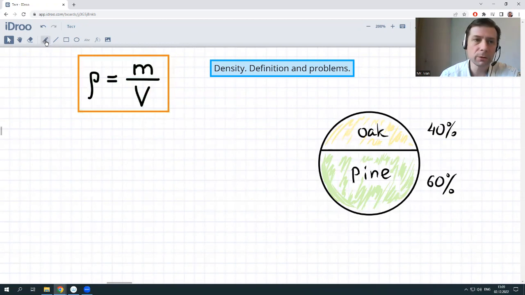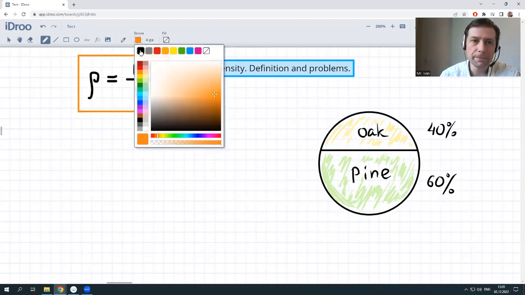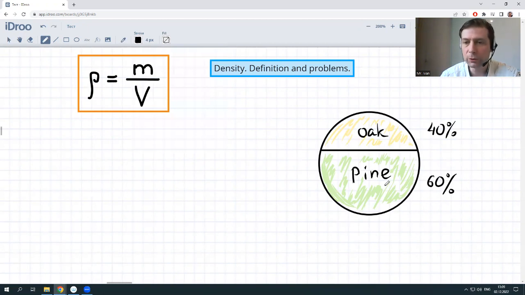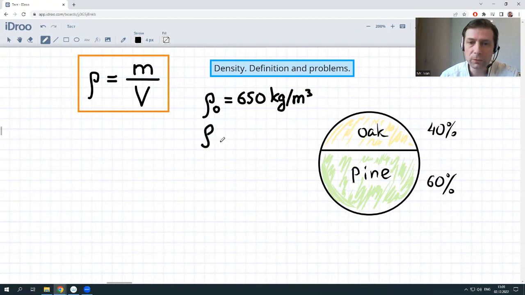What do we need to solve this problem? We need to know the density of oak and the density of pine. So rho of oak, rho sub O, is equal to 650 kilos per cubic meter. And rho of pine, rho sub P, if it's dry, would be even 400 kilos per cubic meter.